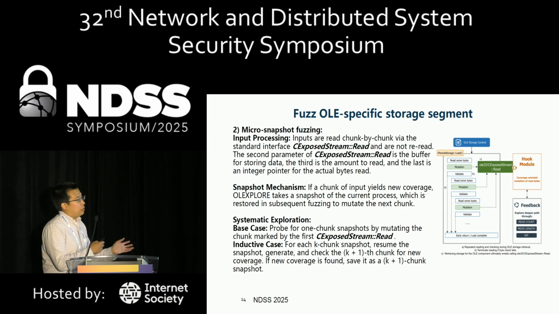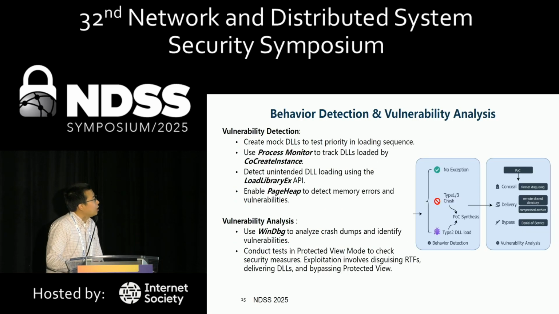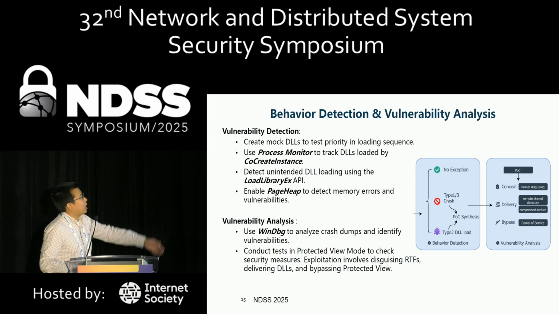And once you can parse it, then you have some probability that maybe you can identify some crashes or some vulnerabilities. Once it is loaded, they can start doing some behavior analysis to see whether the components exercise some kind of unintended behavior, and then they will be able to perform the vulnerability analysis, right?